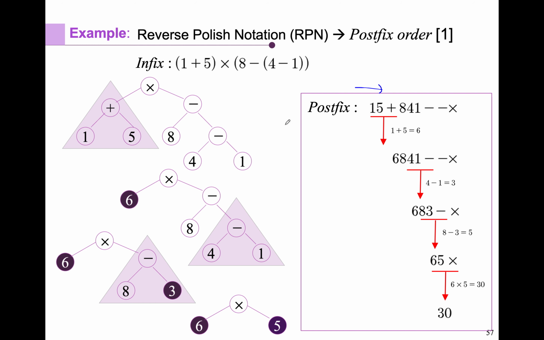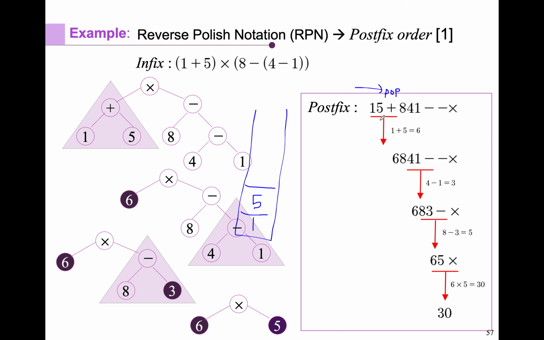So first you're going to push. This is your stack. First you're going to push 1. And then you're going to push 5. When you meet an operation, you need to call the pop.